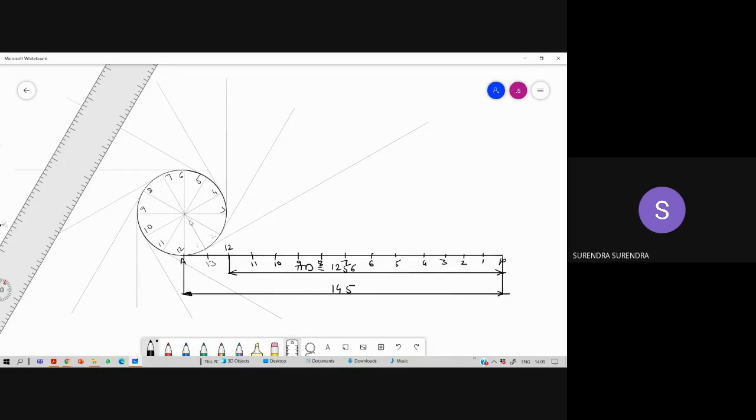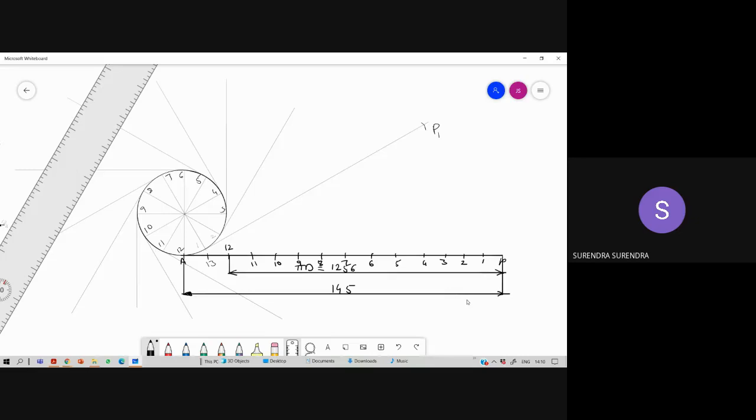Now, as this is the first division, measure the distance from A to 1. With 1 as center, draw arc on the first tangent. Name this as P1.